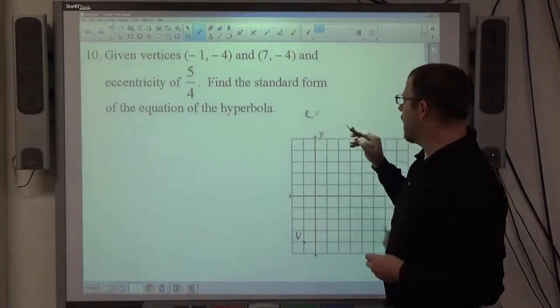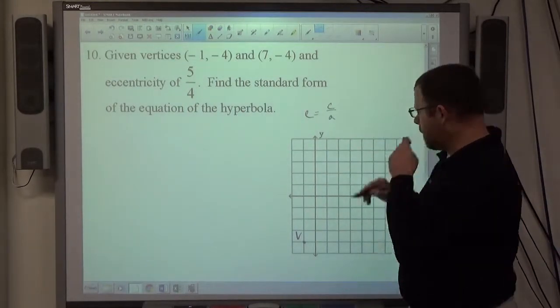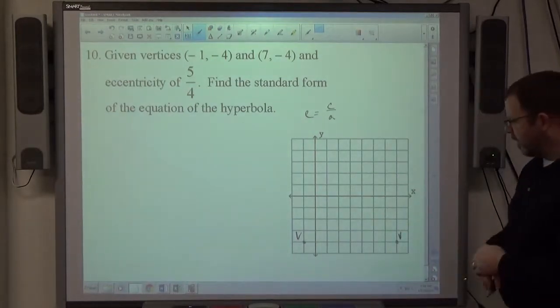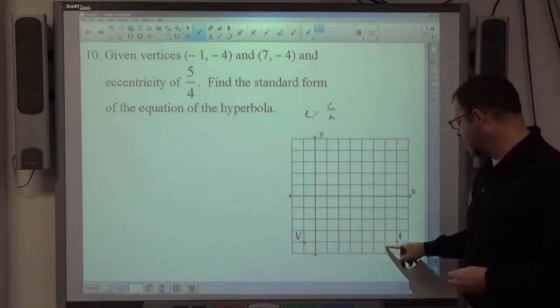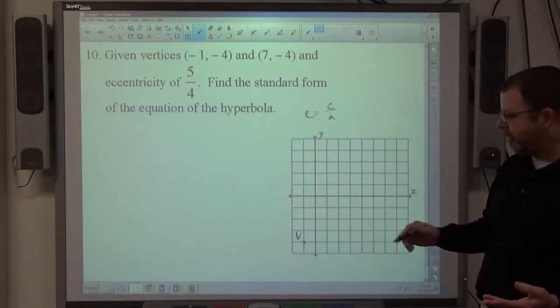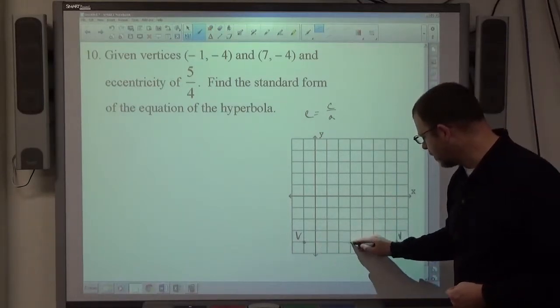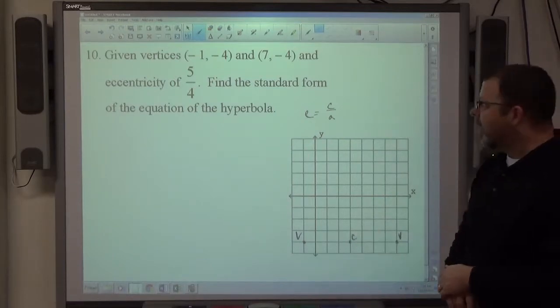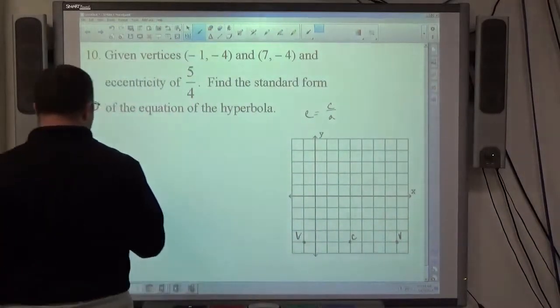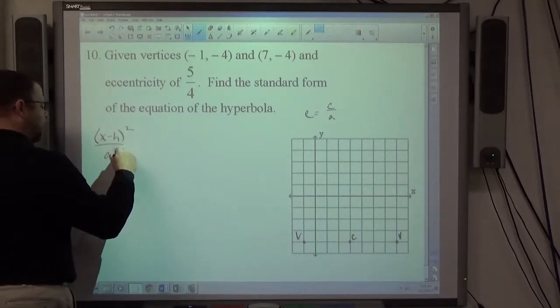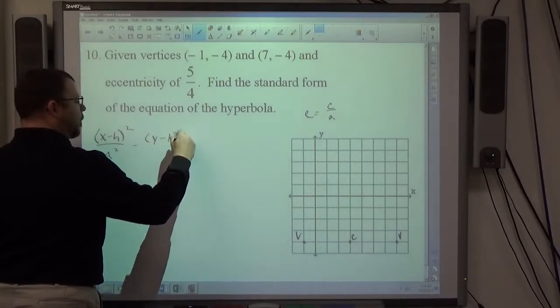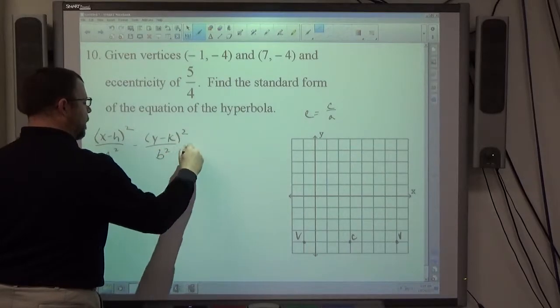Eccentricity of a left-right hyperbola is c over a. I can see very clearly, since the vertices are here and here, a distance of 1, 2, 3, 4, 5, 6, 7, 8 spaces apart tells me that half of that, 4, is the position of the center. I can see it's left-right also, which tells me the standard form I'm looking for is (x minus h) quantity squared over a squared, minus (y minus k) quantity squared over b squared, equals 1.